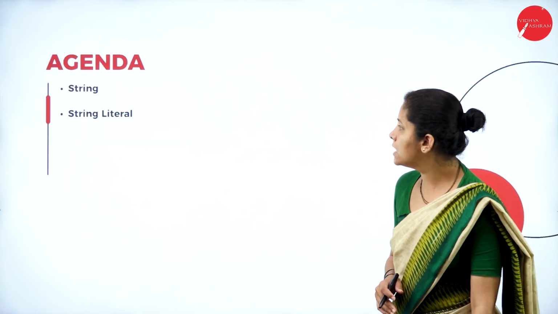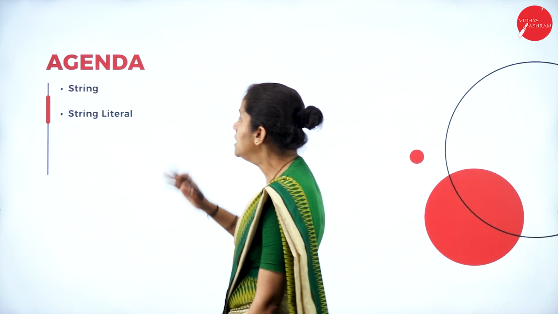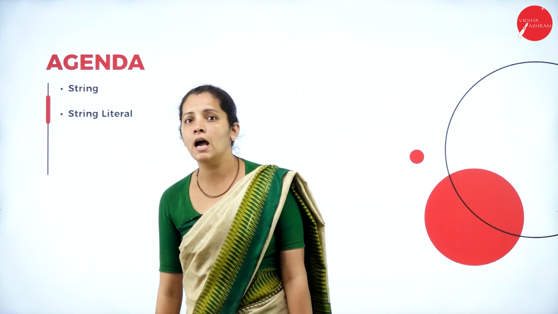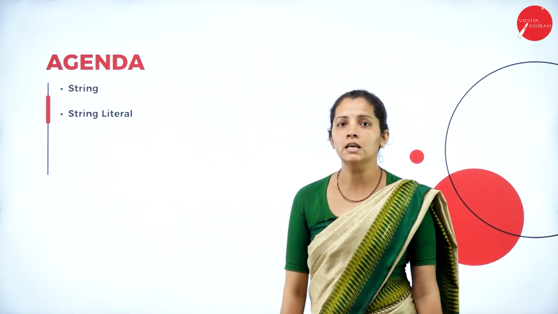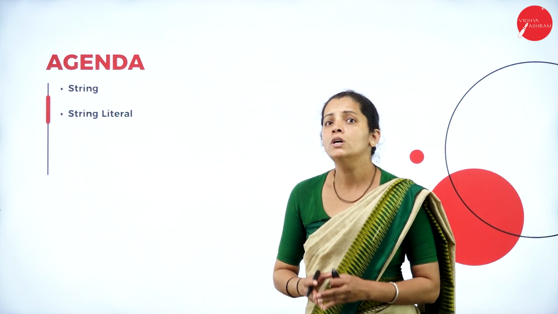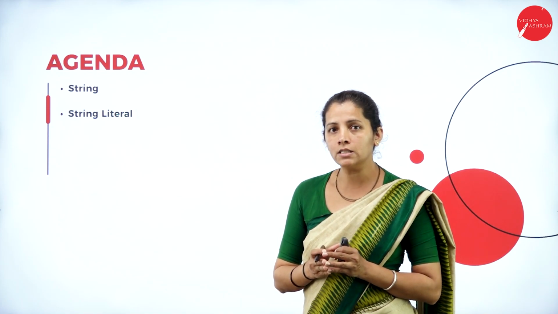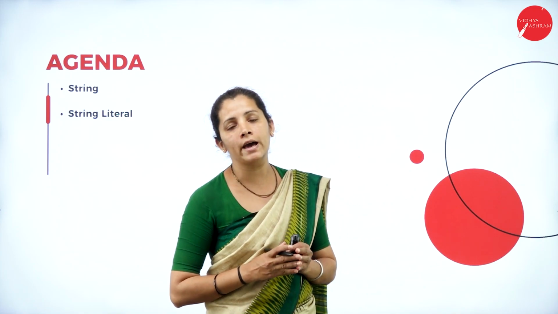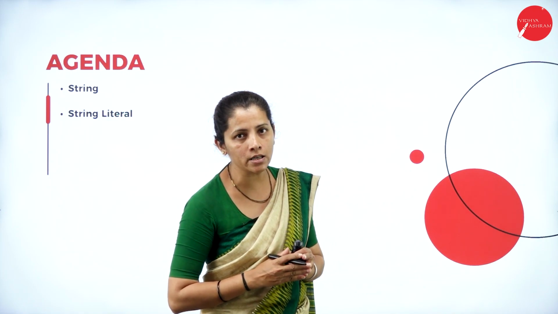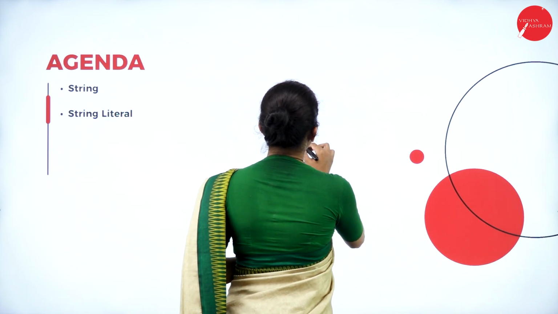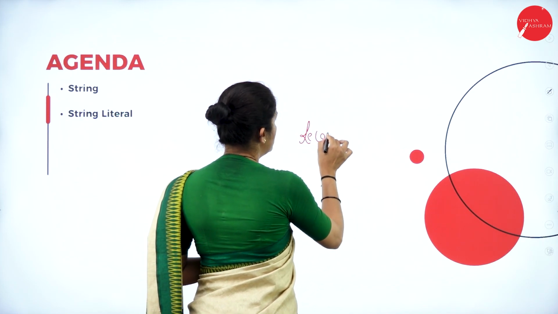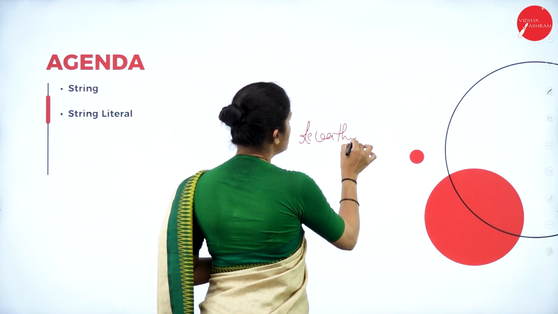But in today's class, I'm going to start with strings, along with string literals. Dear students, we already know what a string is. A string is nothing but a group of characters or a collection of characters. For example, my name is Revati. How many characters do I have?